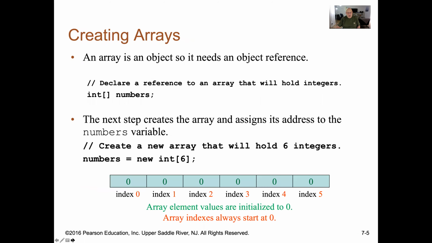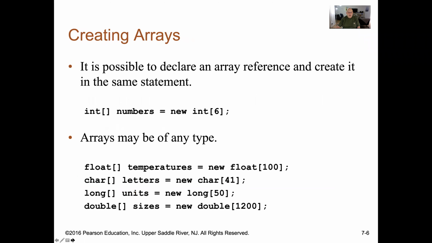How do you create an array? An array is an object, so it needs an object reference. It is possible to declare an array reference and create it in the same statement: int[] numbers = new int[6].